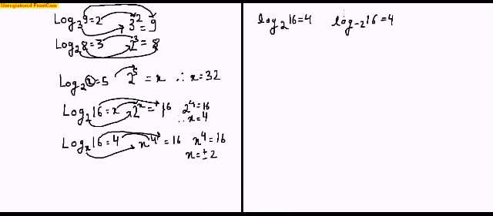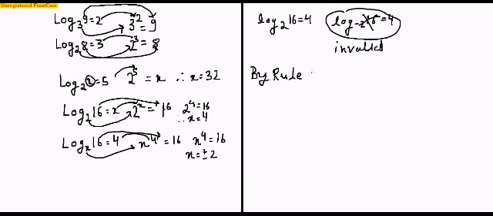But then this second value is invalid. Why? Because by rule, the base of a log is always positive.